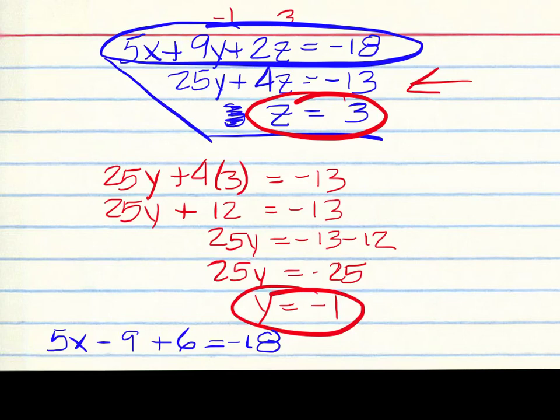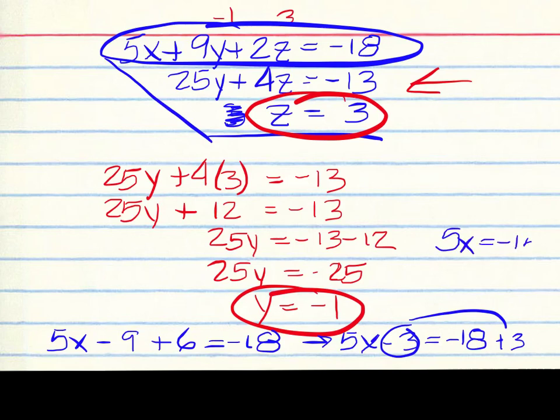And we can simplify that to 5x minus 9 plus 6 is minus 3. And when you bump that minus 3 to this side and make it plus 3, it'll be a negative 15. So 5x equals negative 15. Clearly x is going to be negative 3. So your final answer is negative 3, negative 1, and then positive 3.